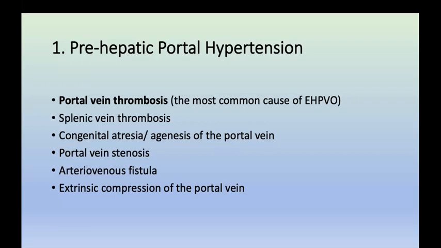And very rarely, there can be extrinsic compression of the portal vein, which can lead to prehepatic portal hypertension. Basically, the hypertension is due to resistance to flow, so any cause which increases resistance can lead to portal hypertension.